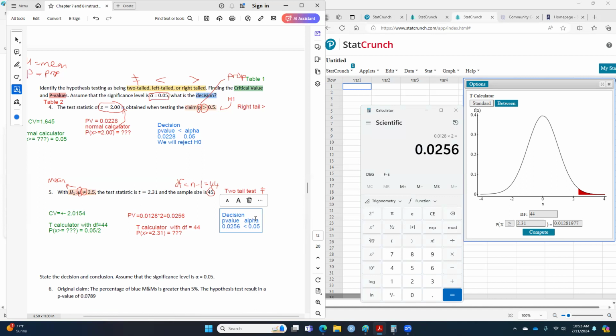So the decision in this case is p-value is less than alpha, the alligator eating the big number. So the decision here is the same as the one in number 4: if your p-value is less than alpha, we reject the null hypothesis. So this is how we make a decision in this case.